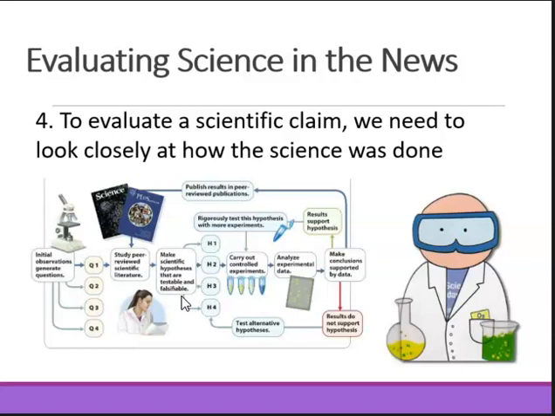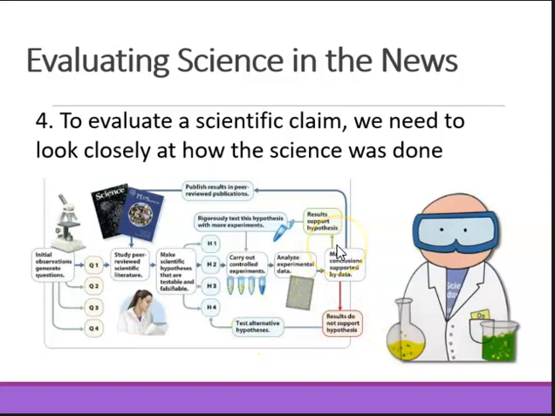Then you want to make sure that these hypotheses are tested and carried out through controlled experiments. You want to make sure that there is correct analysis of the experimental data from which a conclusion can be supported by the data. Again, if the results do not support the hypothesis, you test your alternative hypotheses.